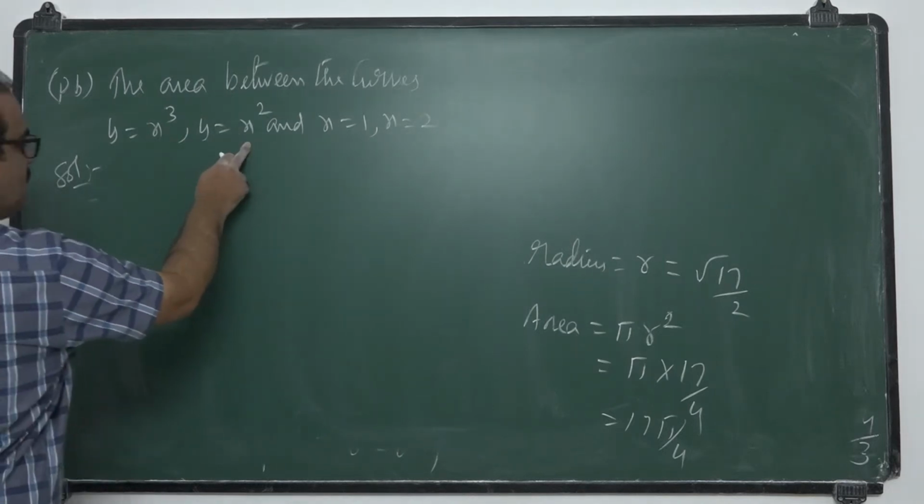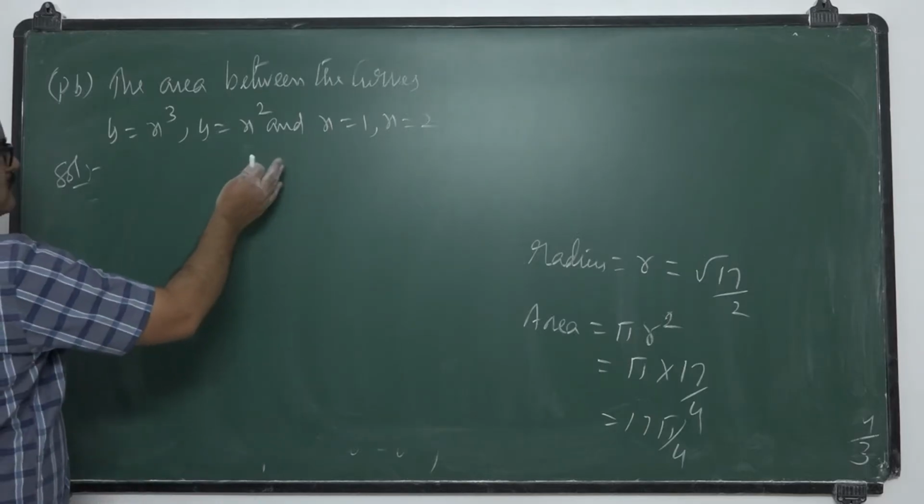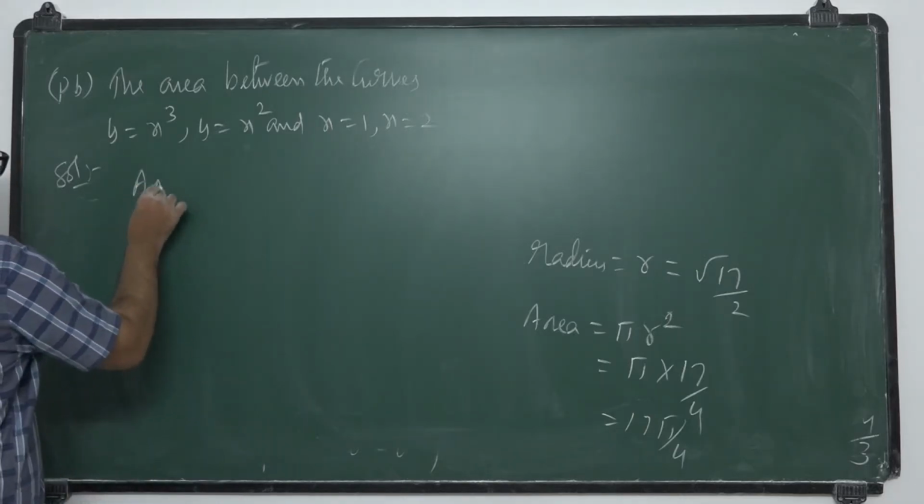Clearly two curves are given and limits are also given. So directly we find the area.